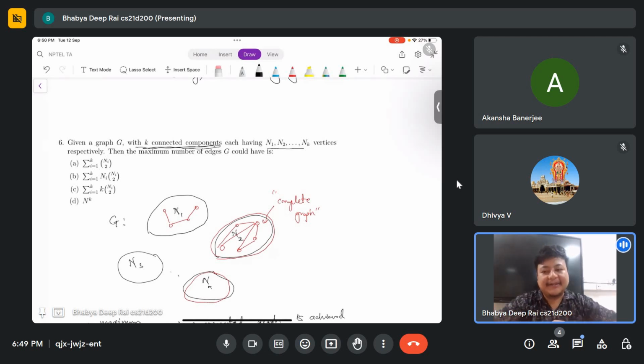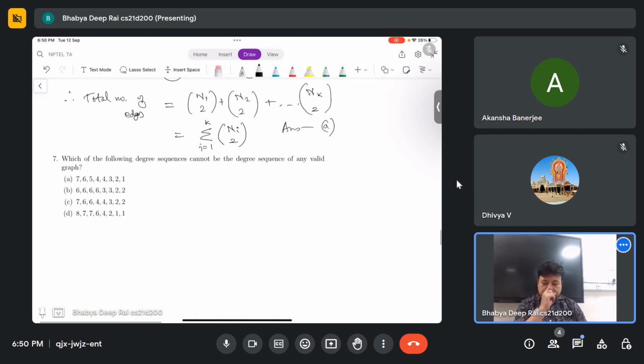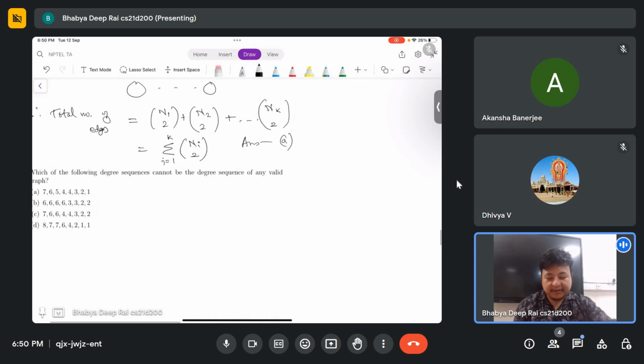The key point is that the number of edges in a complete graph is n choose 2. So consider each of the components as complete graphs. Now, yeah, let's move on.